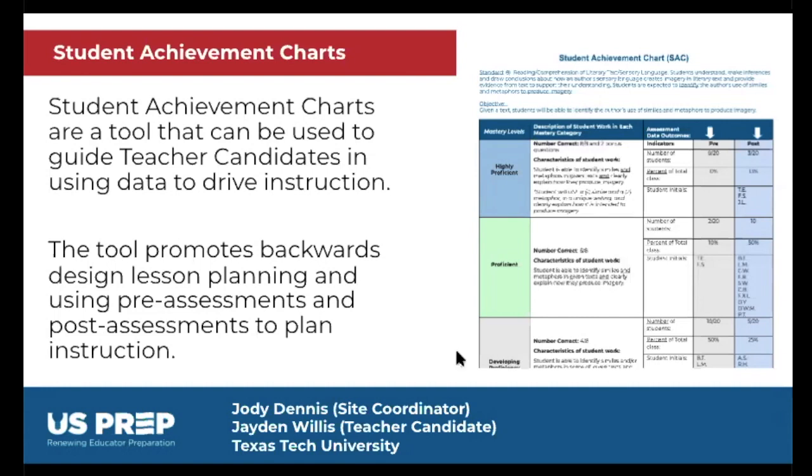So there are several benefits to using the student achievement chart. I'll just go over a few of them, but one of the biggest is it helps you address misconceptions before you even teach the lesson. When doing the student achievement chart, it requires you to do a pre-assessment. By giving the students a pre-assessment, we are able to see what kind of background knowledge they have about a certain topic.